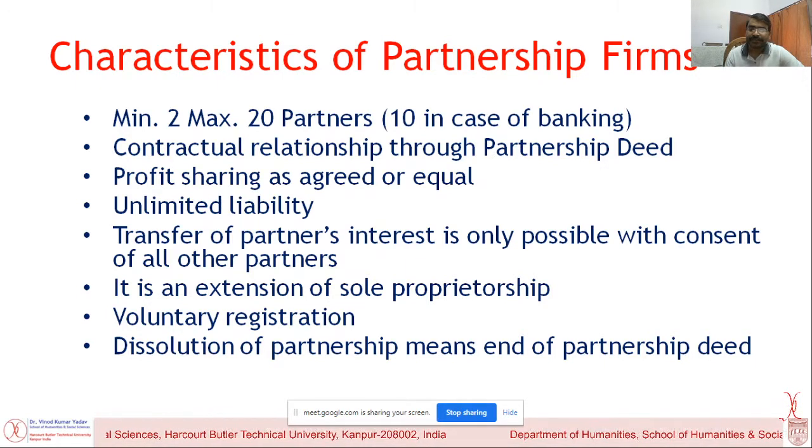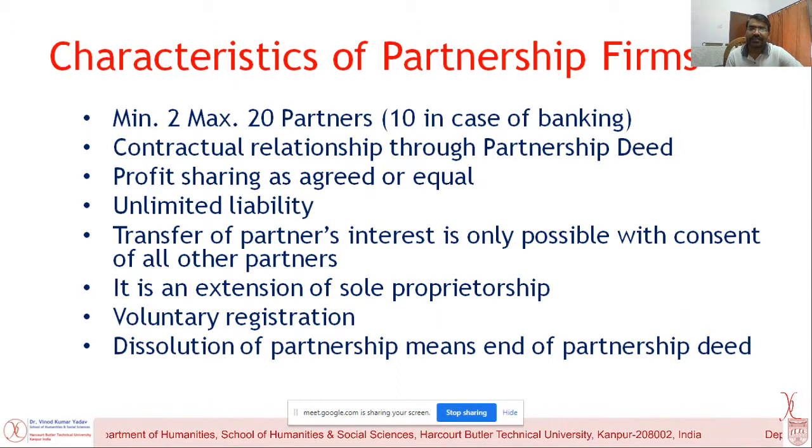We'll discuss this deed. Unlimited liability is just like the unlimited liability in sole proprietorship. Why unlimited liability? Since it is an extension of sole proprietorship. If one active partner is doing business on behalf of the rest of the partners, then any liability, any credit, that liability will go to all partners, because that one partner is working on behalf of all.